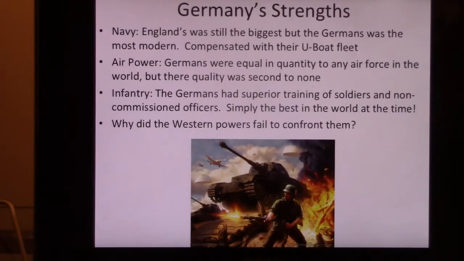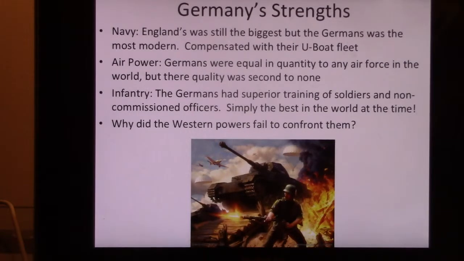So what makes Germany so powerful? Well, when it comes to the Navy, England still had the biggest Navy in the world, but the German stuff was more modern. Some of the British stuff was good, but it was aged, World War I and even before type quality.